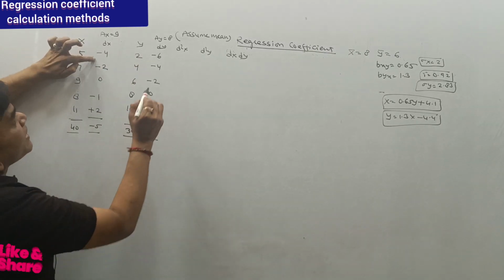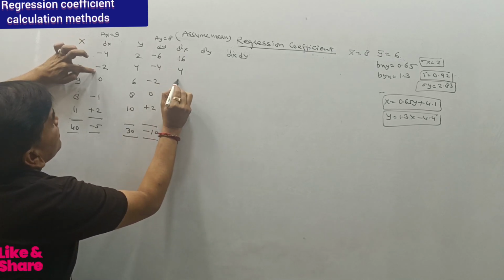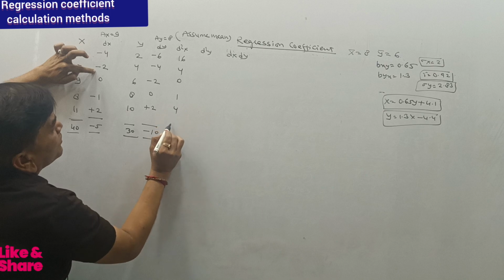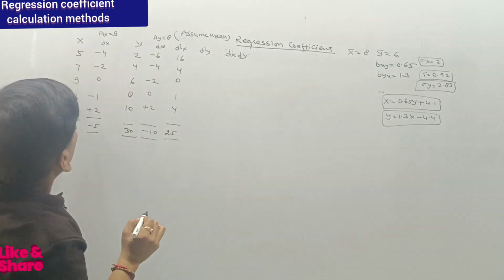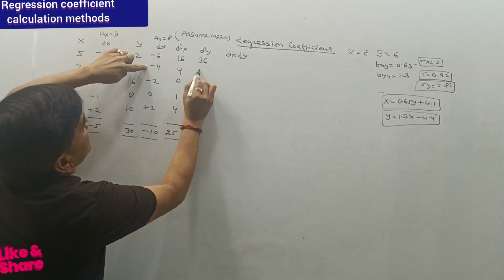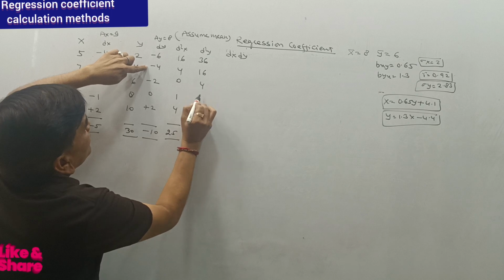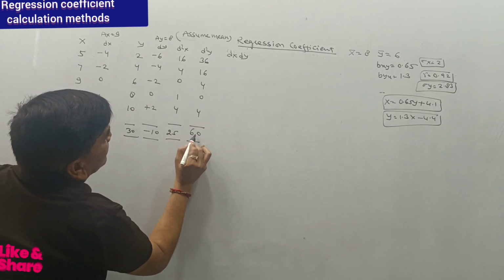Now d square x is 16, 4, 0, 1, 4, that totals 25. Now d square y: 6 sixes are 36, 16, 4, 0, 4, that is 60.